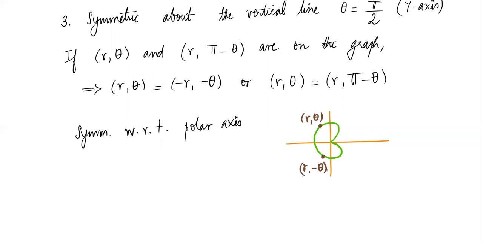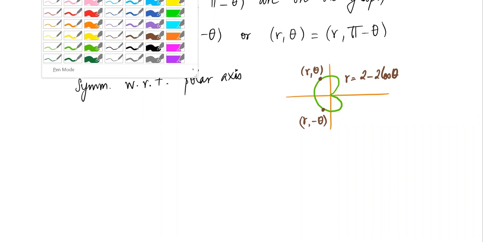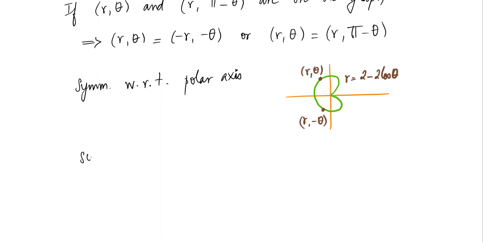You can see the symmetry. The polar axis would be, and this was the equation of 2 minus 2 cosine. The polar axis is your x-axis, so it is just like a reflection. You see a corresponding point on the other side.